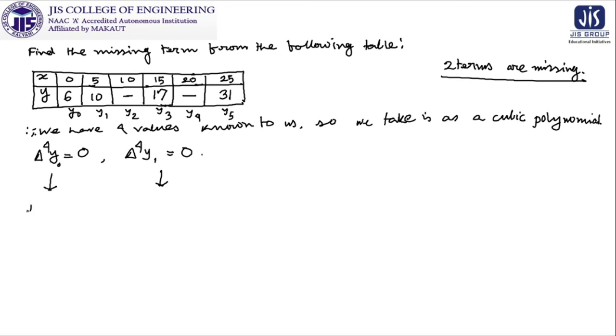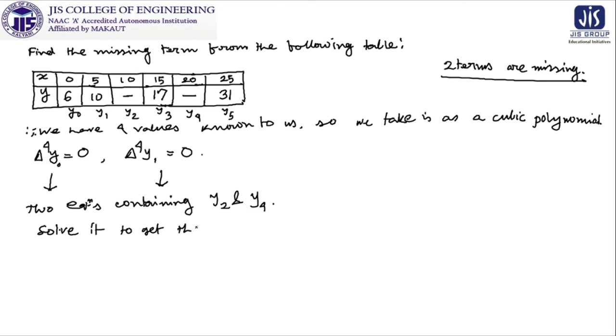So you are going to get two equations containing y2 and y4, and I am not going to solve it, I am just giving you the scheme, and solve it to get the values of y2 and y4.